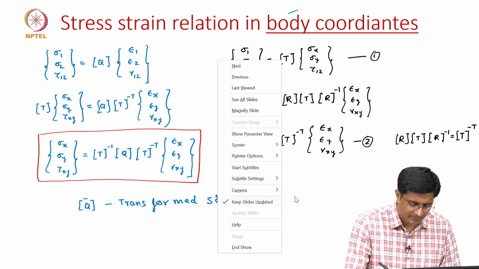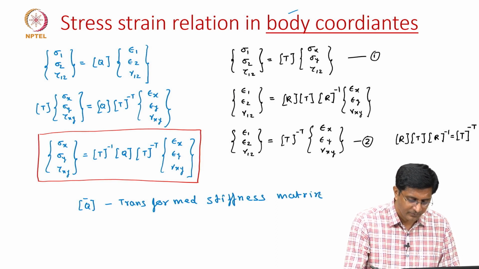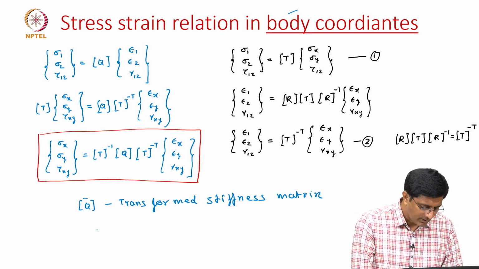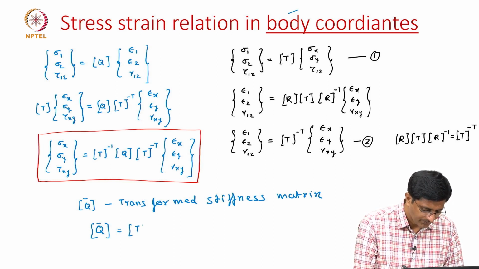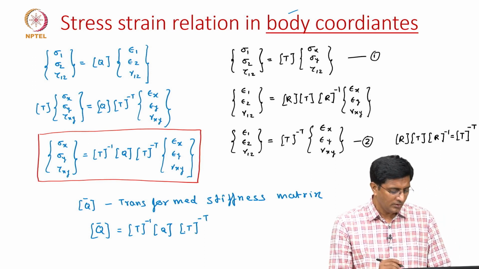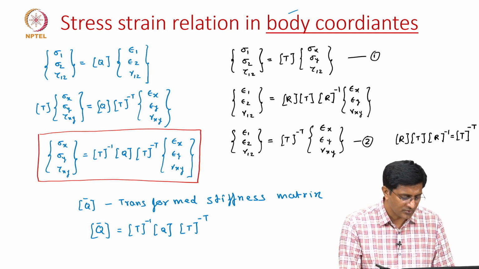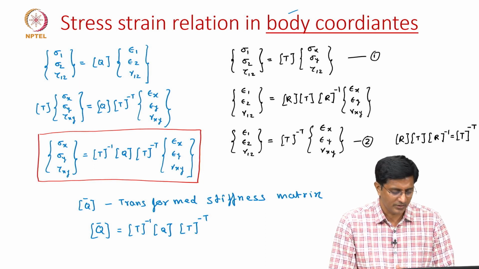Then looking at this expression, we should be able to say that this Q dash is equal to T inverse Q T inverse transpose. This should give us the transformed stiffness matrix for stress strain relations in the body coordinates.